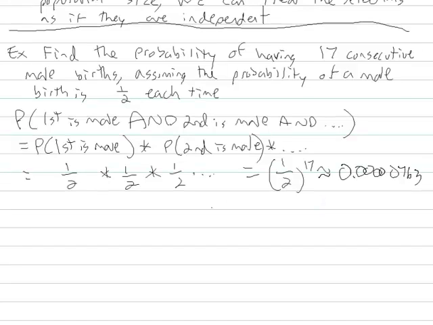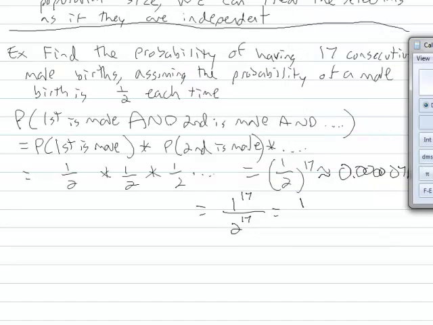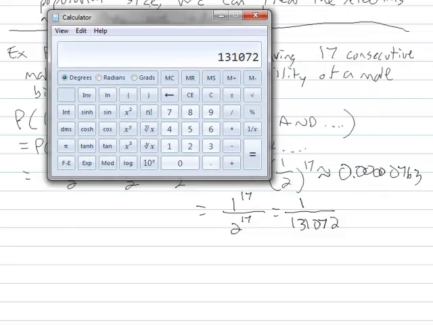So actually what we could do if we wanted to, raising a fraction to the 17th power really means we're raising the top to the 17th power and the bottom to the 17th power. 1 to the 17th is just 1. And 2 to the 17th is 131,072. So that's actually the exact probability. And of course we can verify. We take 1 divided by 131,072. We get that same decimal number we got before.